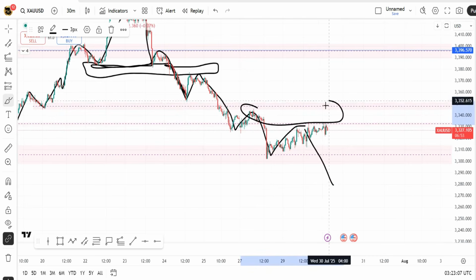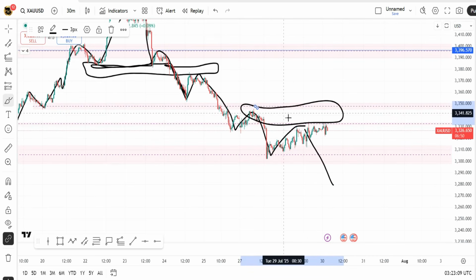If we get a closing above this area, 3348, until then, the more you sell the more you make profits. But if you are doing buys, you need a lot of confirmations. For buy we need a lot of confirmations.